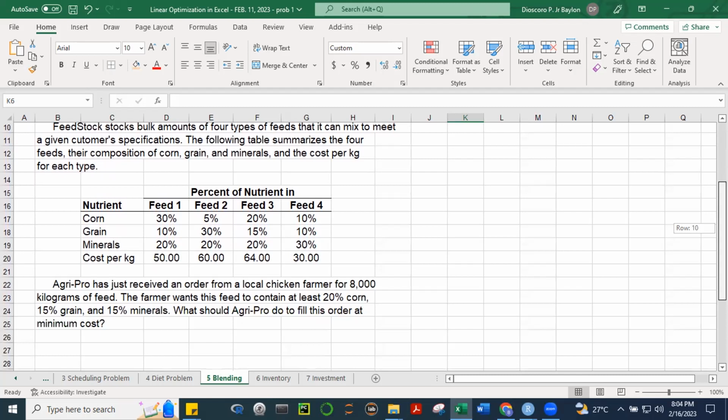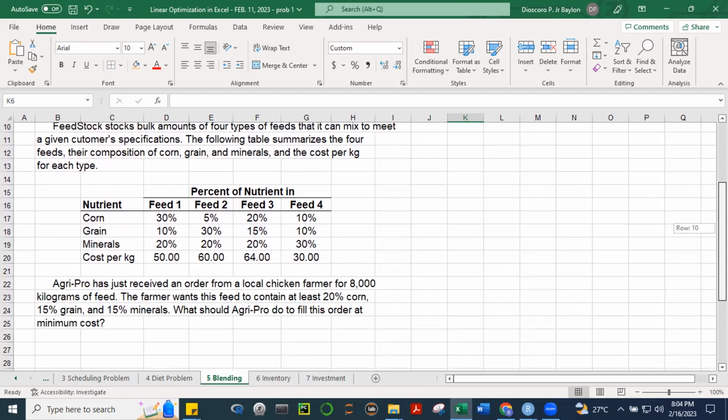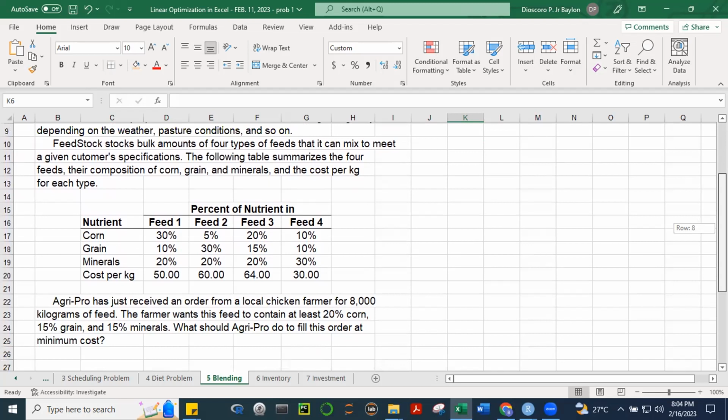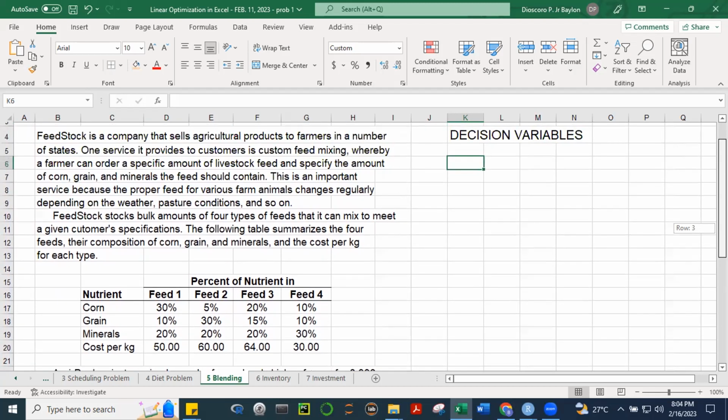Okay, so there are 4 decision variables. So what will be the first decision variable? The number of kilograms to be produced for feed 1. Then the next is the number of kilograms for feed 2.